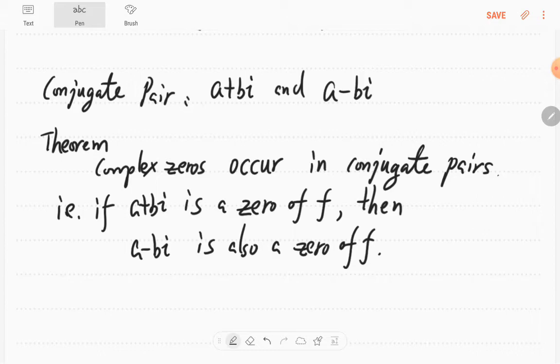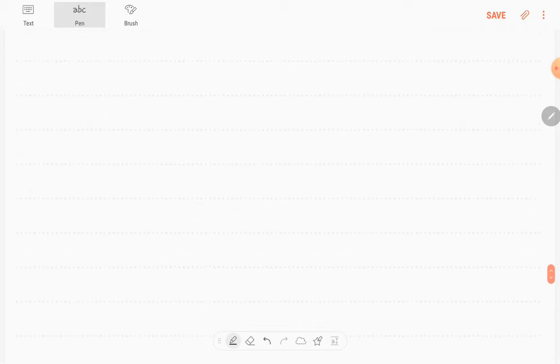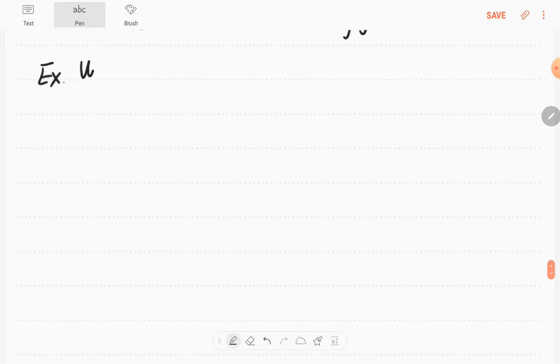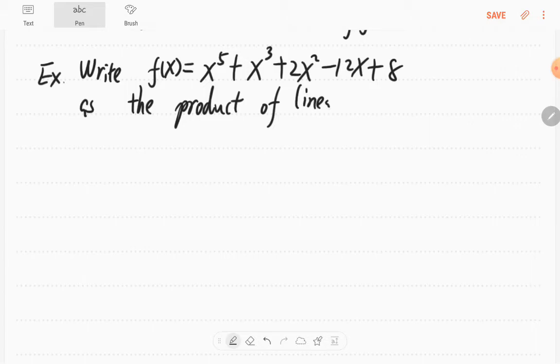So now let's look at this example. We want to write f of x equals x to the fifth plus x cubed plus 2x squared minus 12x plus 8 as the product of linear factors.